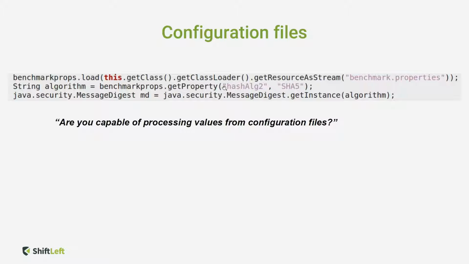You might think that it's always going to be SHA-5 and decide that's enough for me. But actually, it's retrieving a property from a text file, and that might be something like MD5. So you need to read out the configuration file and somehow model it. Otherwise, you cannot win in this benchmark.